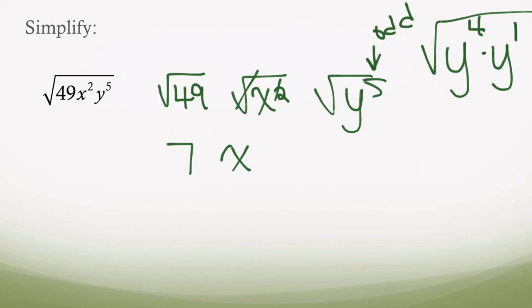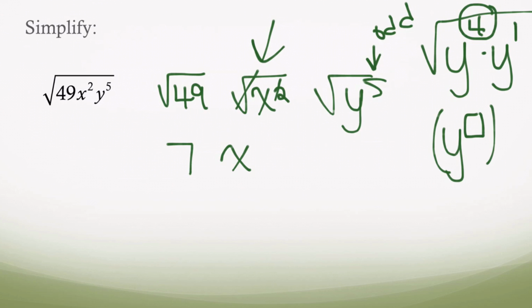Okay, the reason why we do this is so that I can simplify that exponent with the square root. Remember what we have here. Square root and square cancel out. So I need to think of how can I write y so that when I have it to the second power, it cancels out with the square root. Well, y would have to be squared.